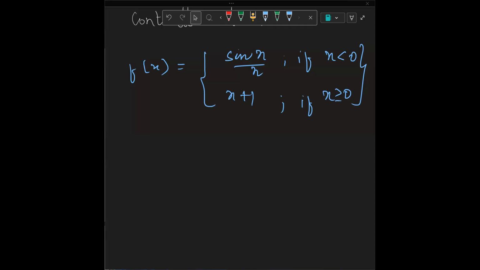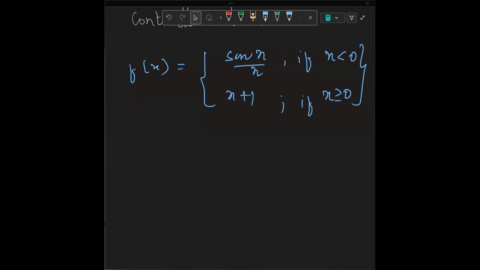Over here, if no point is given, like you have to check the continuity at this point, you can assume any constant number, like a, b, c, anything, and you have to solve at that particular x.